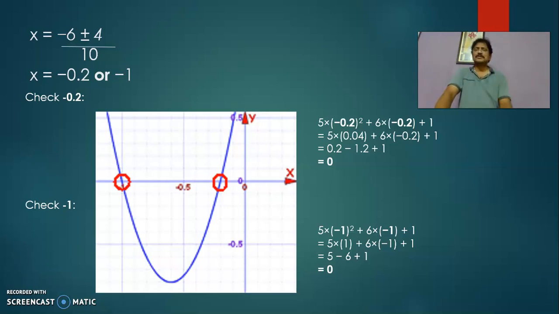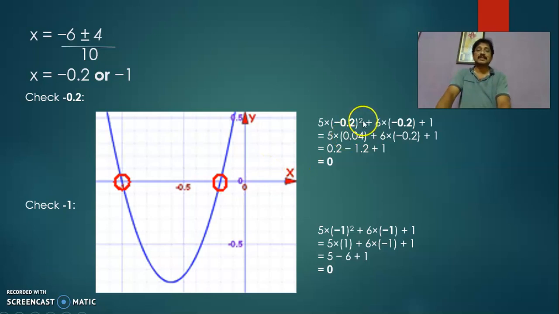If you observe the screen, the graph is already shown there. So one root of this quadratic equation is minus 0.2, another one is minus 1. Okay, we will check whether it is correct or not.